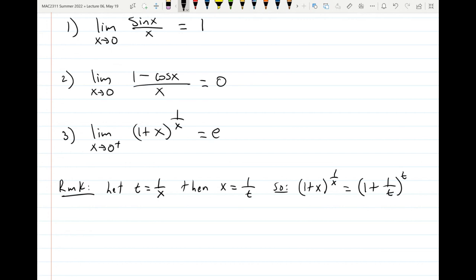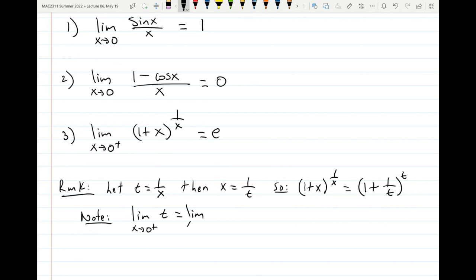What can we say about t? Well, note what's the limit? So what happens to t when x approaches 0? In other words, what's the limit as x approaches 0 of t?